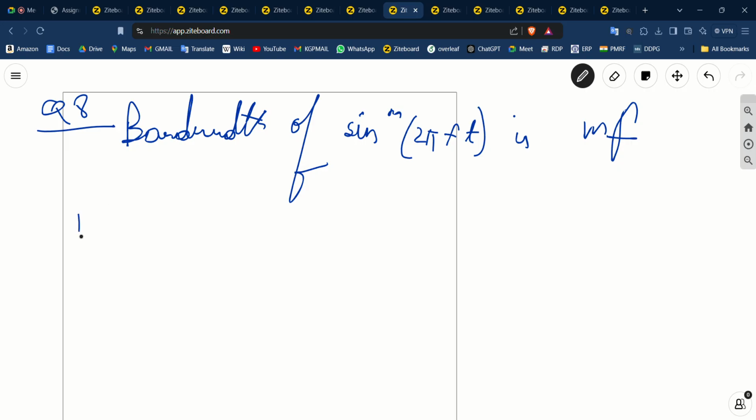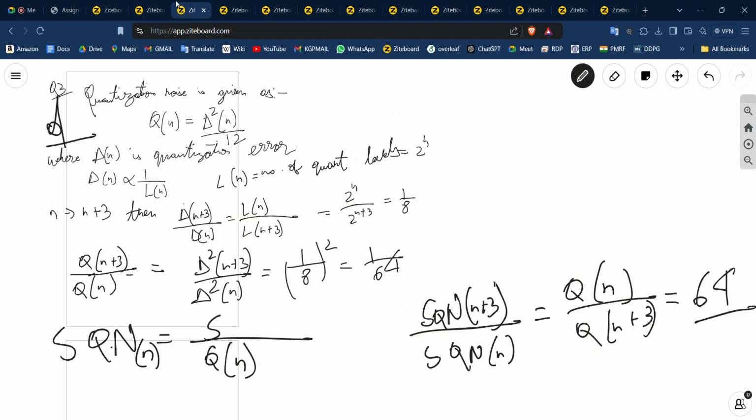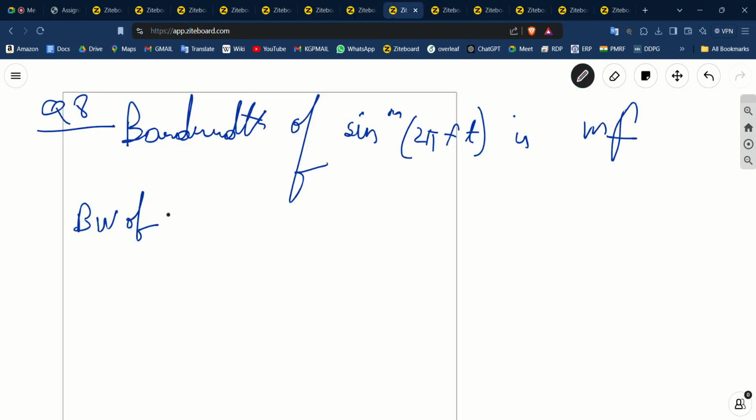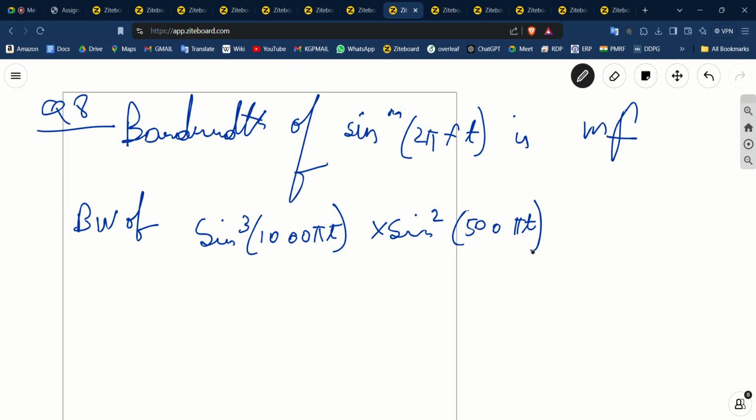So the bandwidth of, what is the expression, sin cube 1000 pi t into sin square 500 pi t will be 3 into 250, 3 into 500, as 1000 by 2 you will have a bandwidth of 500 plus 2 into 250.